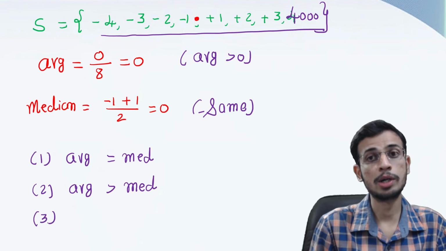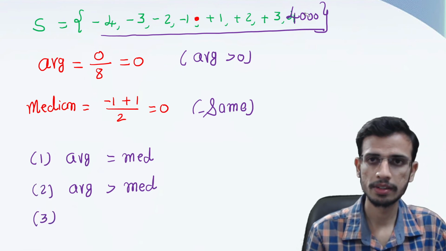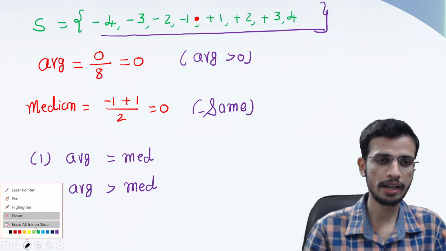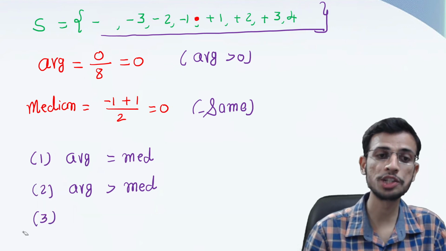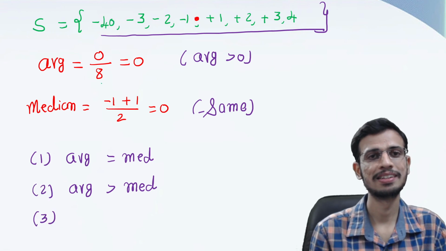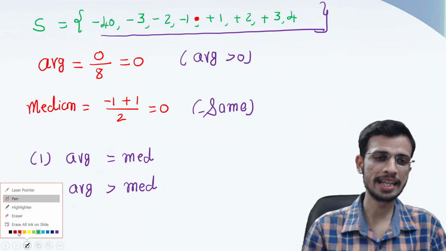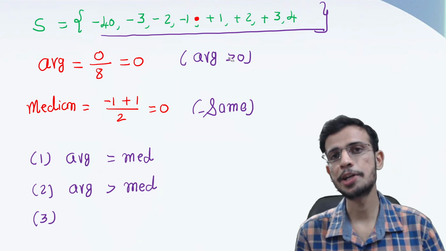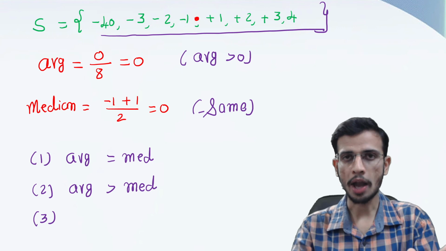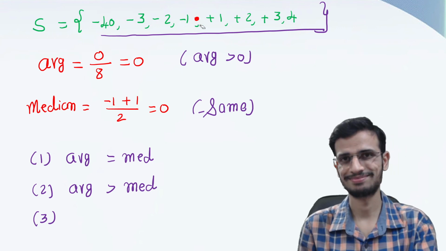And I am making one more case. In place of -4, I am writing -40. So in this case, average will become negative. Sum of the numbers will be negative, divided by 8, negative. So average is negative, median is still 0.